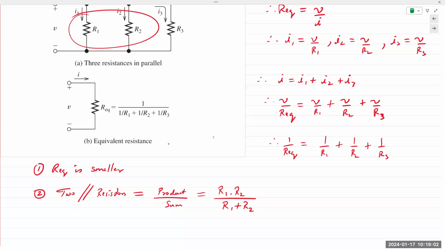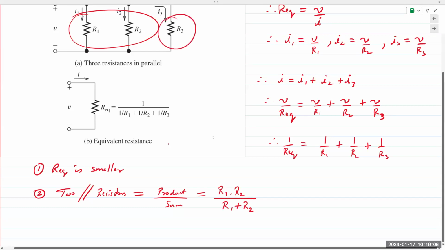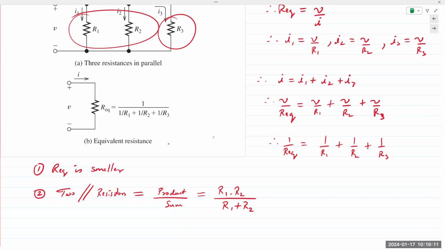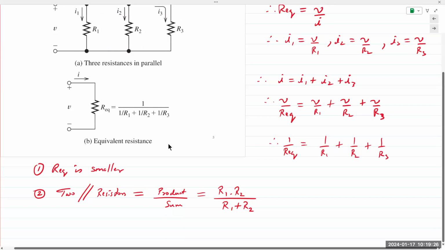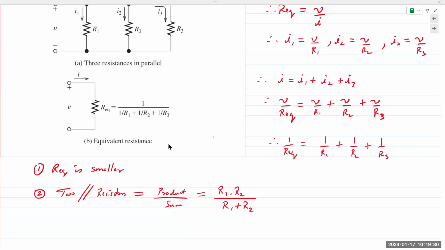And once R1 and R2 is reduced, you now have one single resistor that is in parallel with R3, and you can apply that same shortcut again. But if it's a complicated number like 57 ohms times 13, you might end up using a calculator anyway. So it's probably just easier to do it that way. This shortcut is if I'm just doing it manually, in my head without any calculators. But again, a good point.